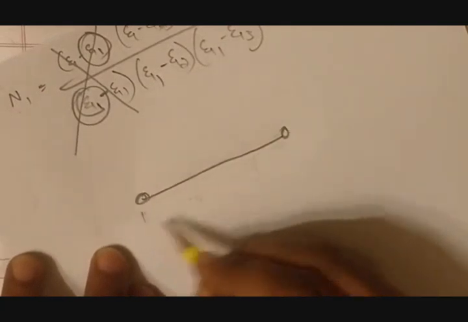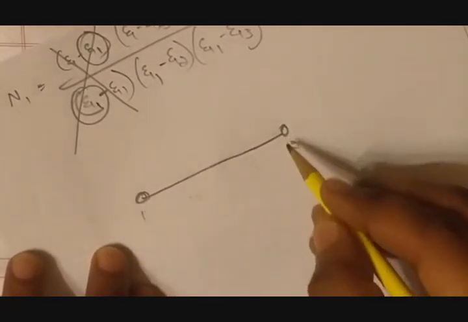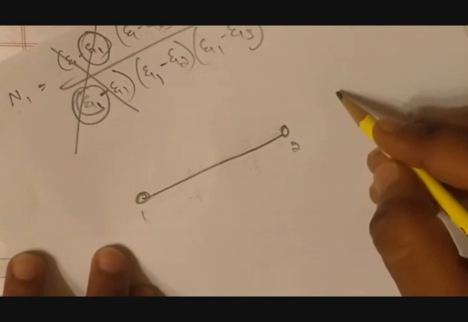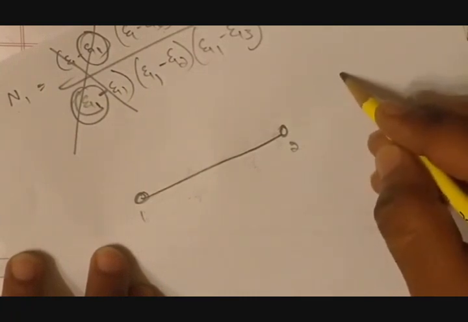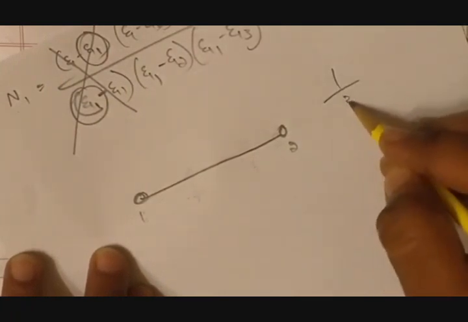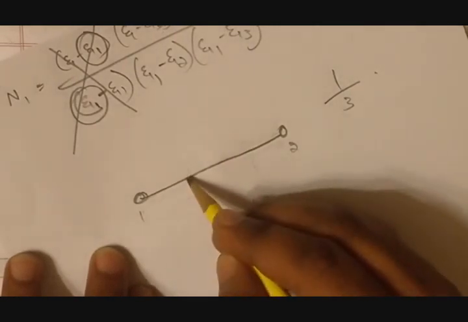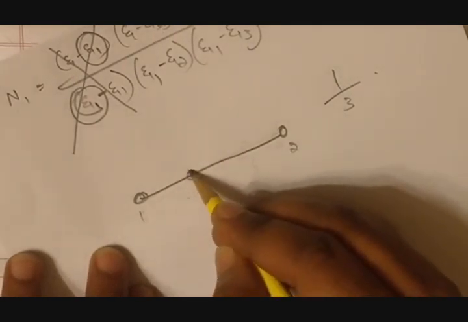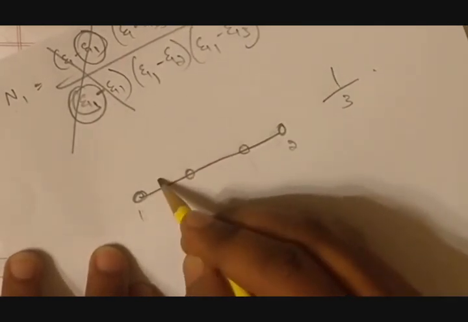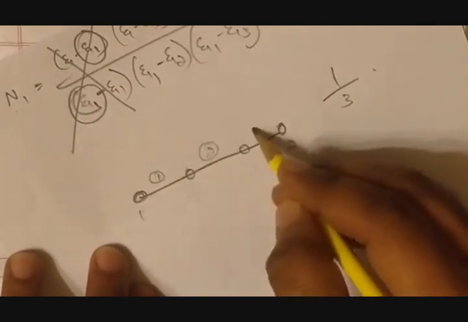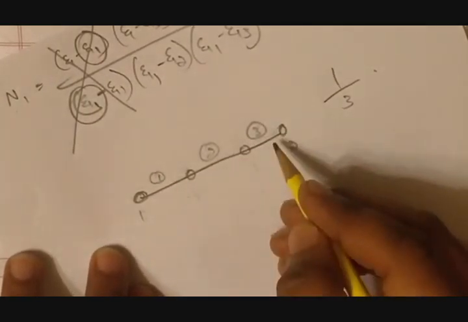an element, so this is an element, so if I divide the one element into three parts, so this is 1, this is 2, and this is 3. So I have divided it into three parts.